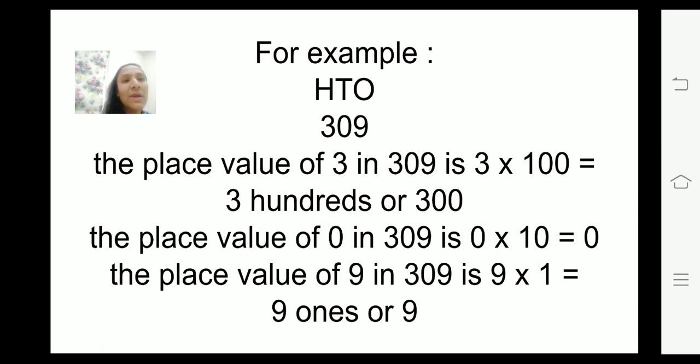Why 10? Because 0 is at tens place. So 0 into 10 will be equal to 0. The place value of 9 in 309 is 9 into 1. Why 1? Because 9 is at ones place. So 9 into 1 will be equal to 9 ones or 9.